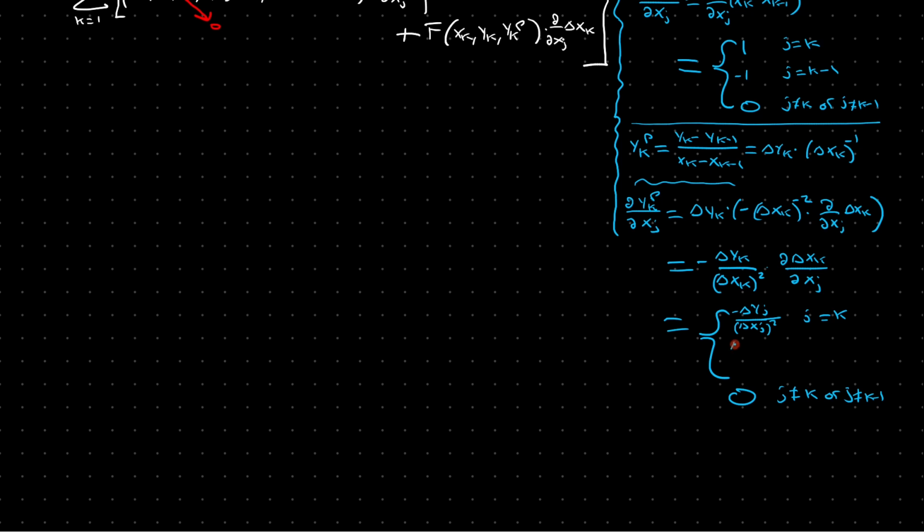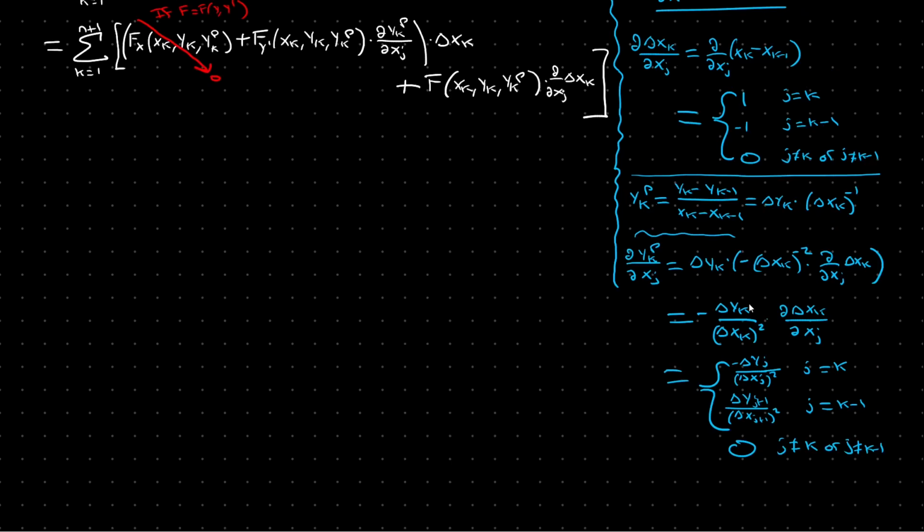This is going to be positive delta y, and k here will be j plus 1, delta y j plus 1 over delta x j plus 1 squared, just like before from this formula right here. This is when j is equal to k minus 1 or k equals j plus 1.